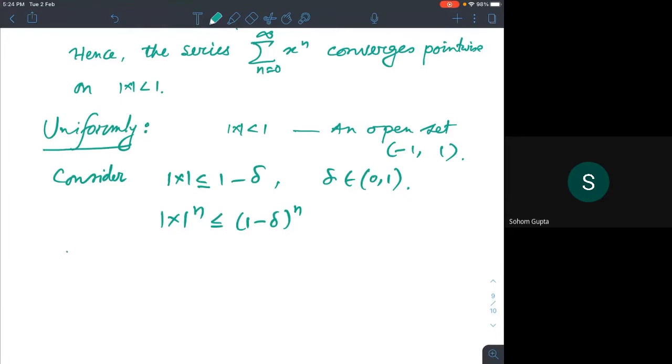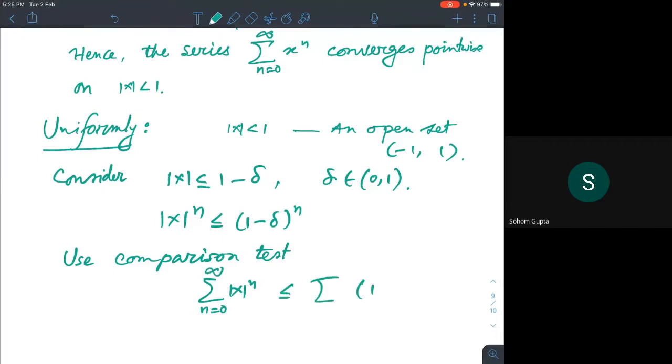Now you use the Mn test, also called the comparison test. So this series, summation x to the power n, is dominated by 1 minus delta to the power n.